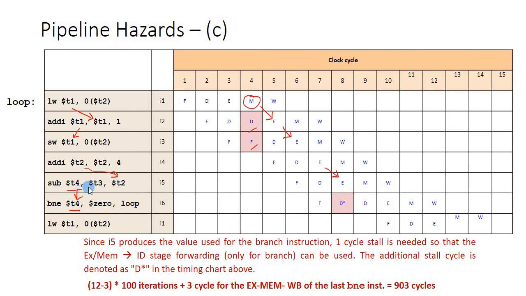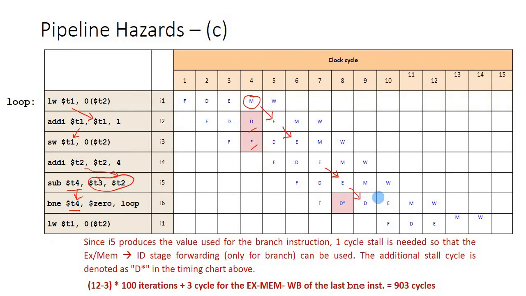Which means that this subtraction operation of T3 and T2, the result is only available in the exe stage of I5. So only when the exe stage of I5 is complete, I can use that data to do a resolution in the decode stage of the I6.